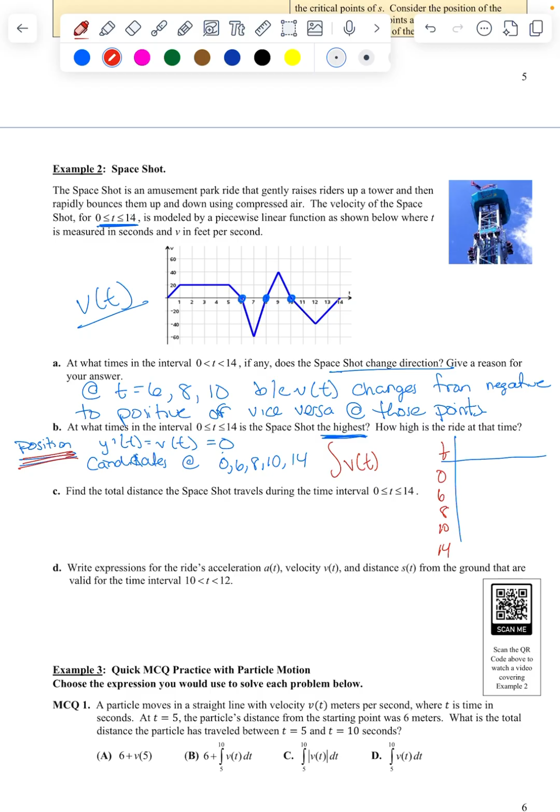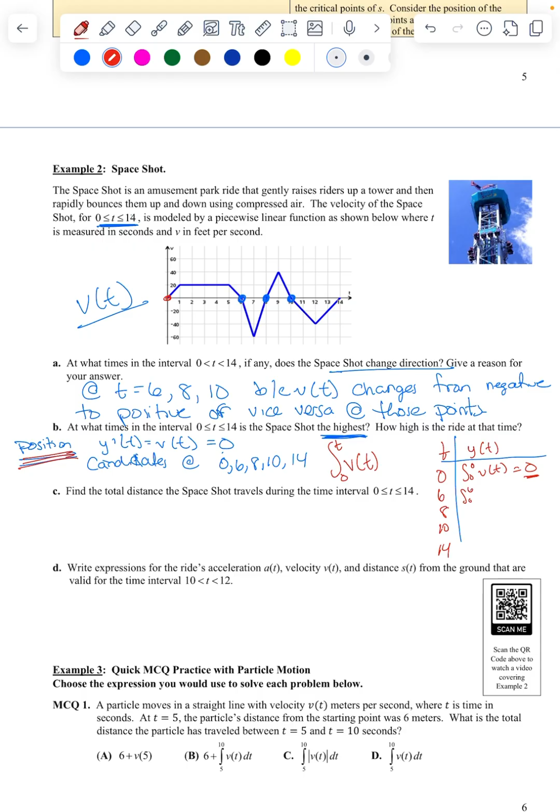Graphically, we know that the integral of velocity from 0 to t, right, from the start to t, is the area under the curve. So the position function up to 0 is the integral of 0 to 0 of v of t. Well, that's just going to be 0. So that means the position at 0 is 0.